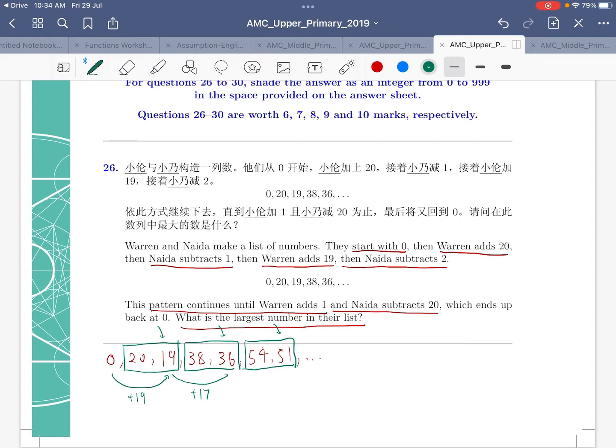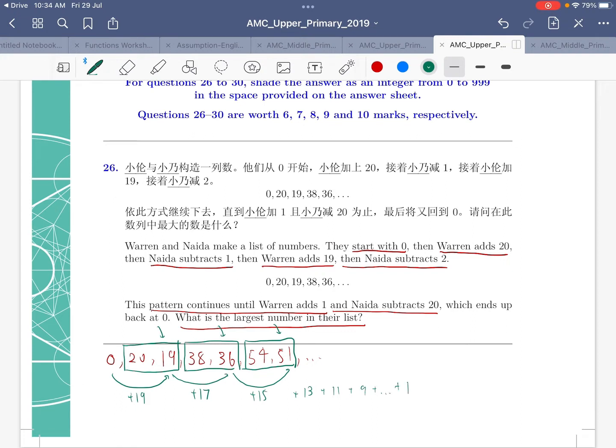Moving on, from 36 to 51 is a plus 15. So the net effect starts off by adding 19, then moves on to 17, then 15. We can see a pattern going on here. We continue in this fashion: plus 13, plus 11, plus 9, all the way to plus 1.